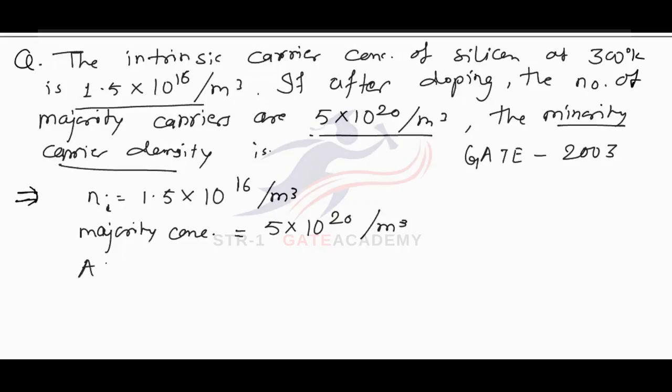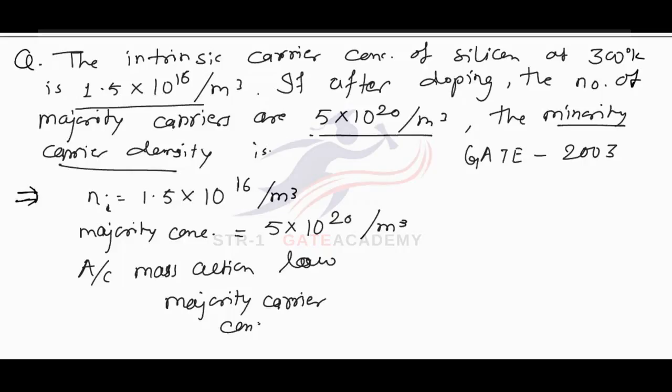We know that according to the mass action law, majority carrier concentration into minority carrier concentration is equal to Ni square.